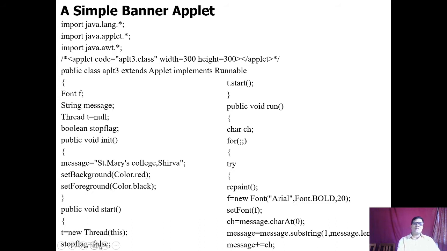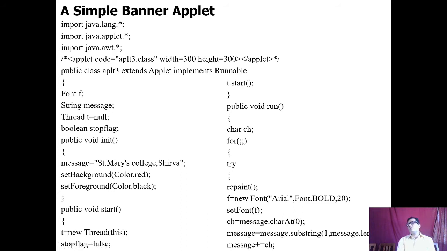So now you are calling t.start. If you call this t.start, automatically the thread's run method will be executed. t is the thread, right? So you call thread.start. Now it will come here to public void run. This public void run consists of a character variable, which we have declared as ch. So this is very important. Please observe here the for loop with double semicolon.